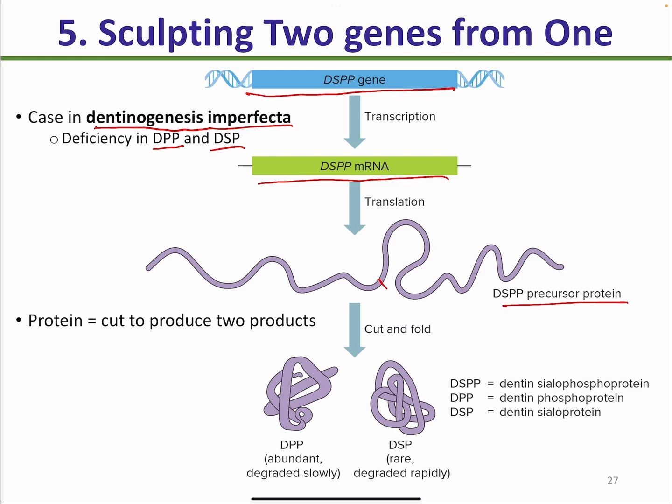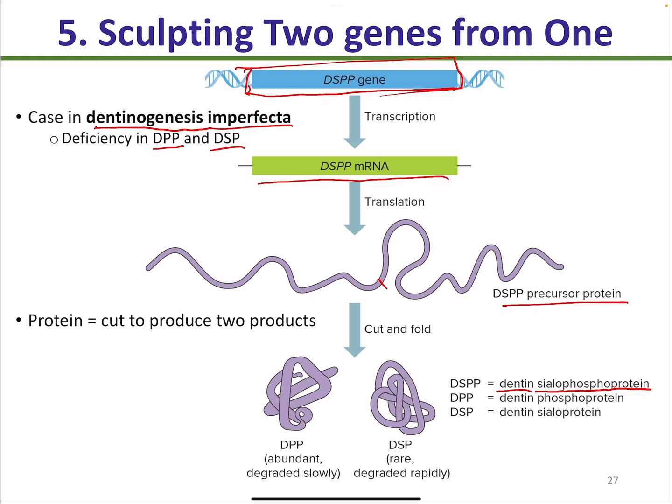That DSPP gene is the dentin sialophosphoprotein. Let me repeat that. Dentin sialophosphoprotein, it's the gene that encodes that whole long protein, right?